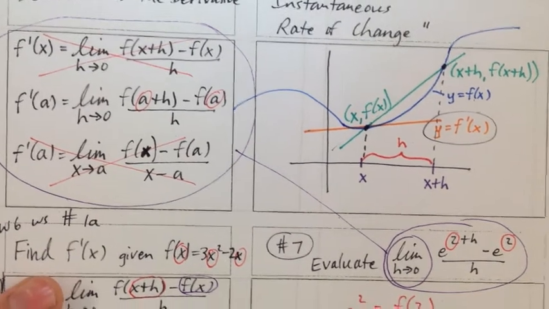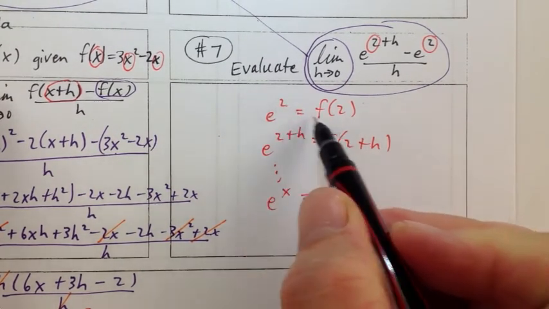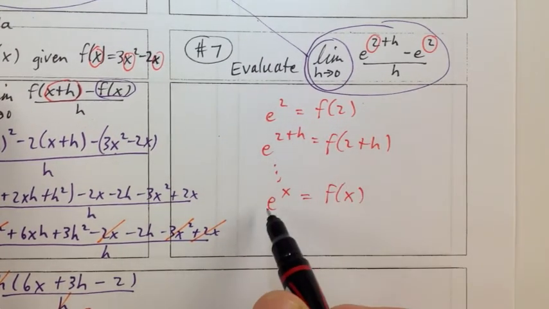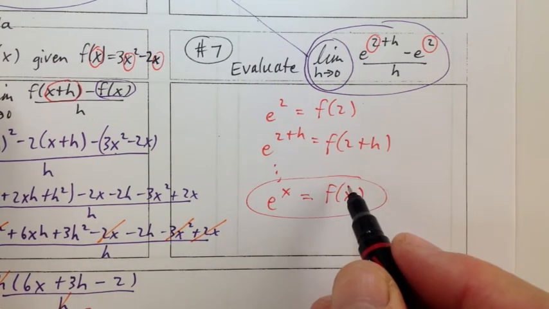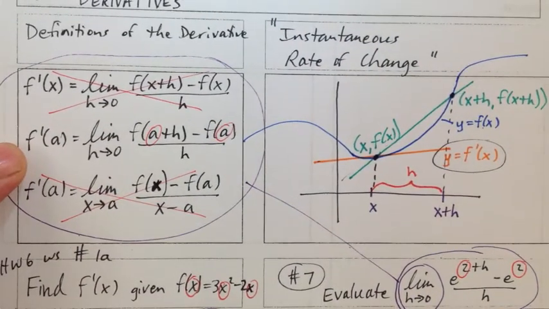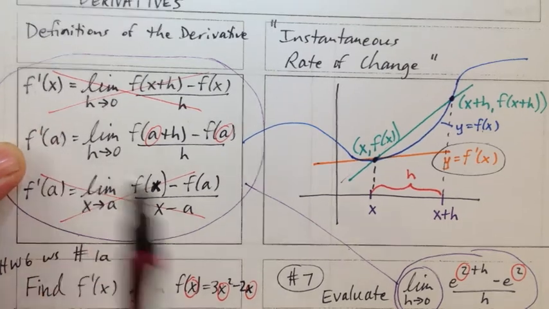So we're getting somewhere. If e squared is f of 2, e to the 2, so e to the x is f of x. So this is our function. Well, what did we say back up here? This whole expression here says f prime at a.